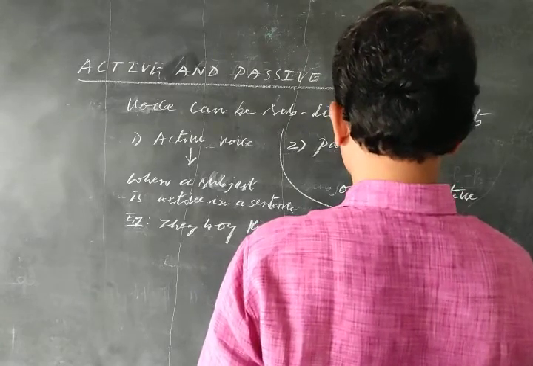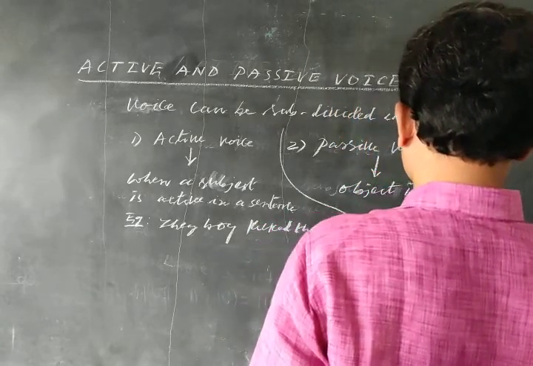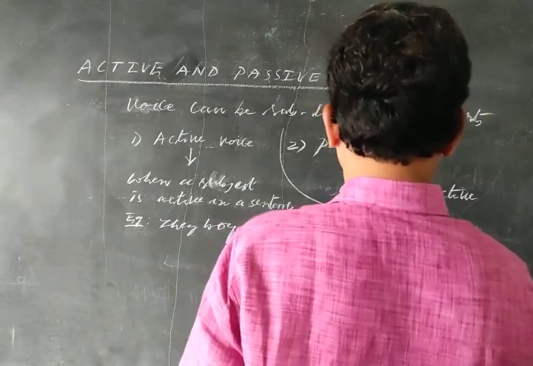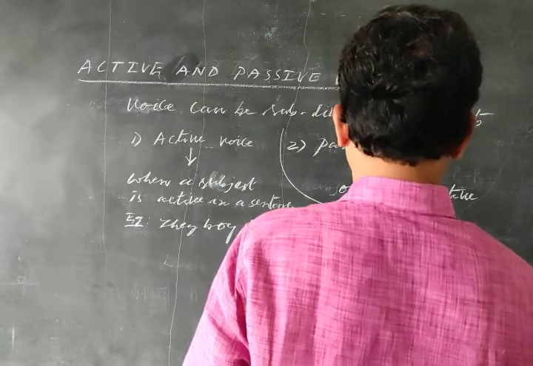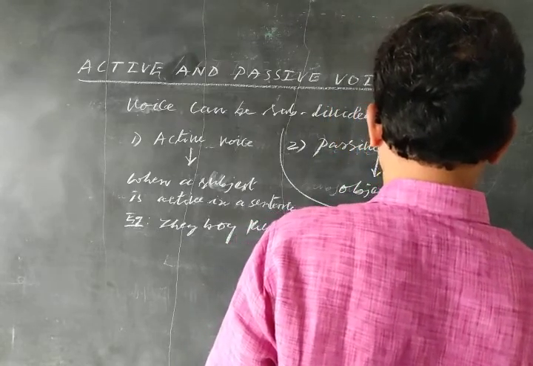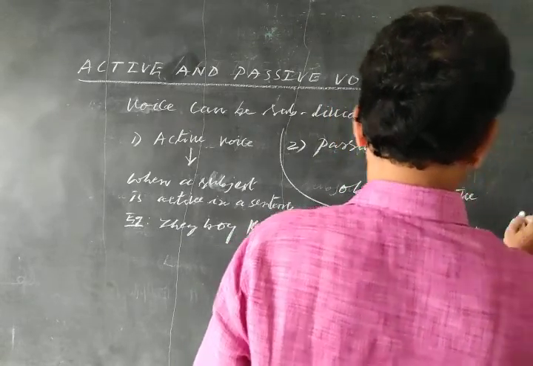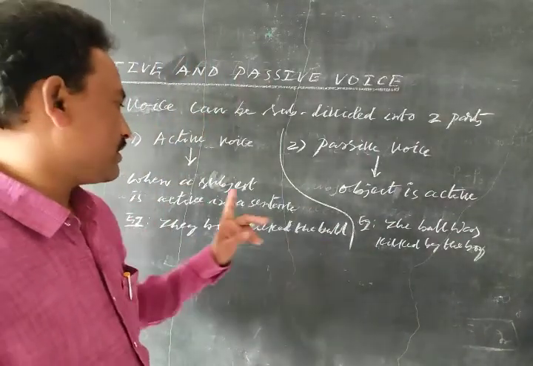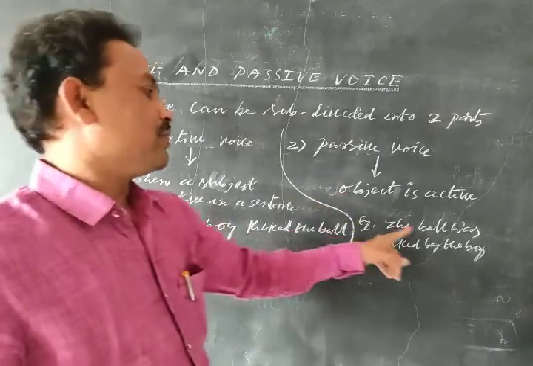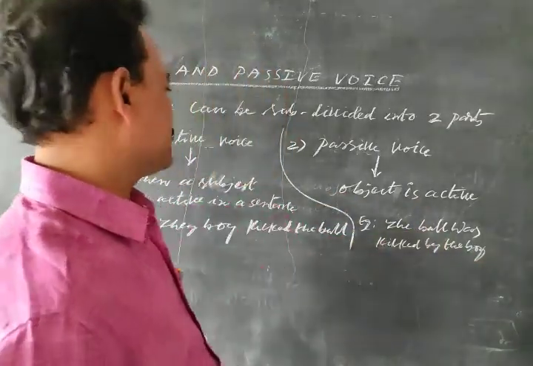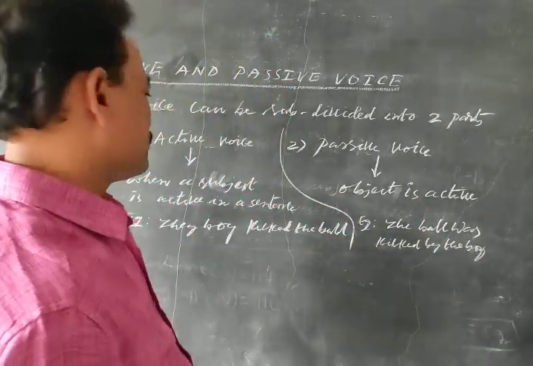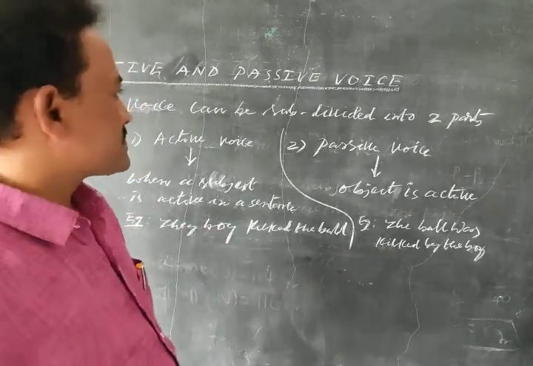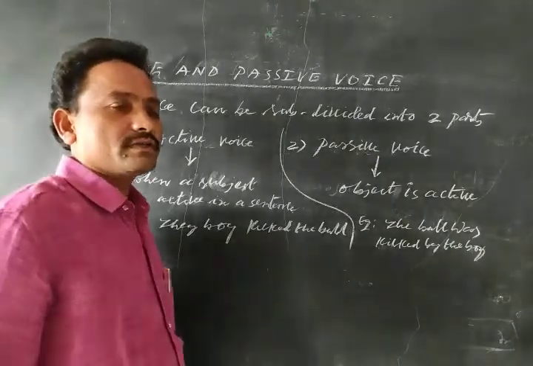The ball was kicked by the boy. The boy kicked the ball: this is active voice. The ball was kicked by the boy: that is passive voice. These are simple examples and the definitions of active and passive voice.